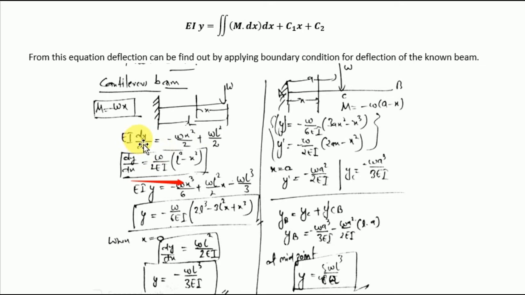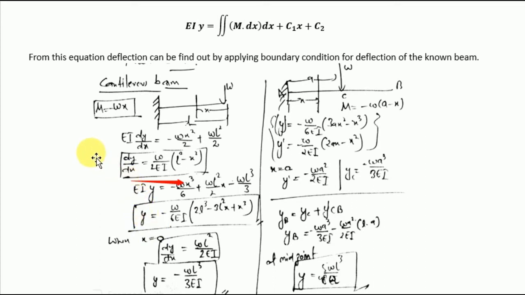Then we can easily find the value of dy upon dx, which is W upon 2EI bracket l square minus x square. Here we again integrated this relation, and then we find EI y is equal to minus Wx cube upon 6 plus Wl square by 2 x minus Wl cube upon 3, and divided the whole equation by EI. Then we have a value of y.